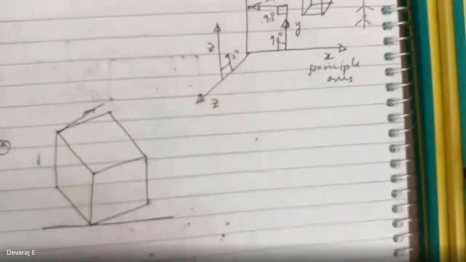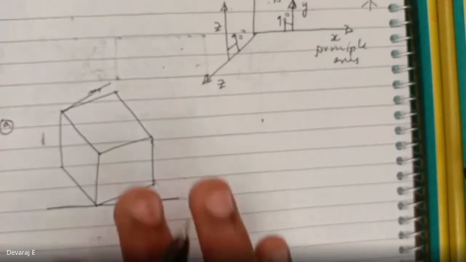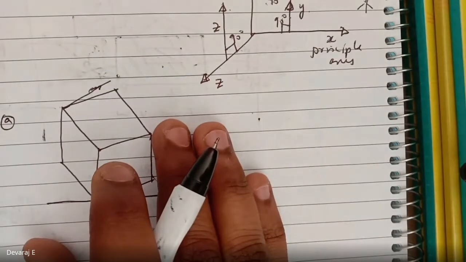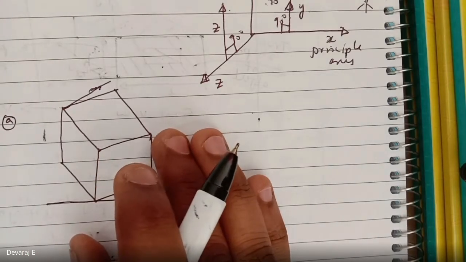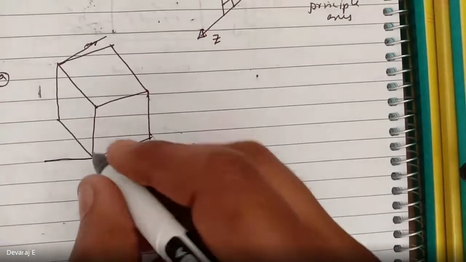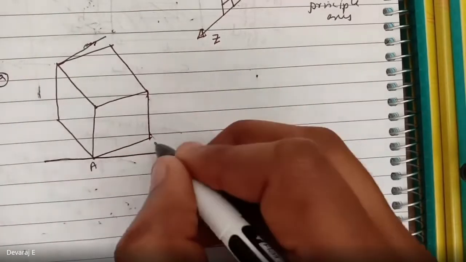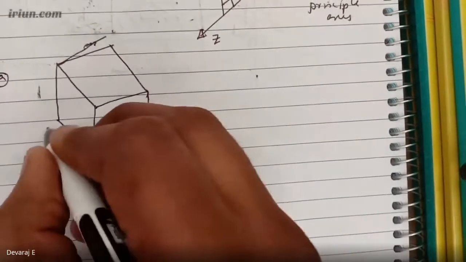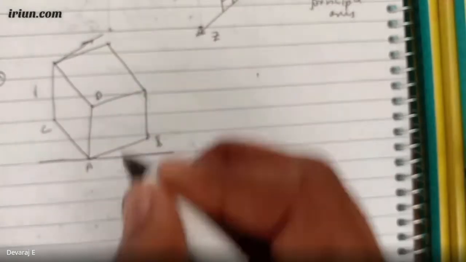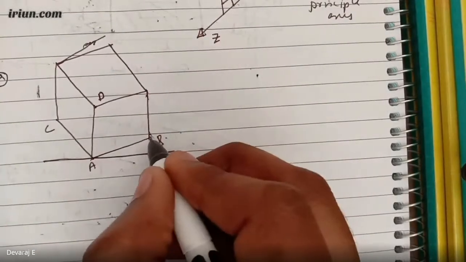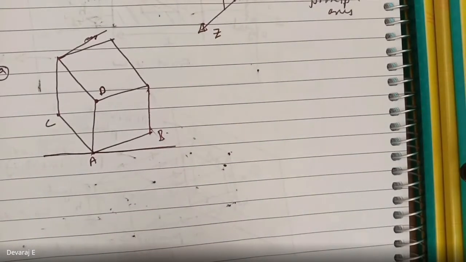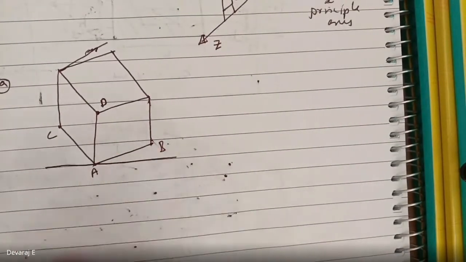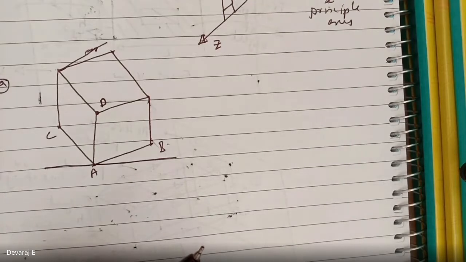This is the view we can see in the plane of projection. Assume these are A, B, C, D: A point, B point, C point, and D point. This is like a front view. Wait, I'll show you.